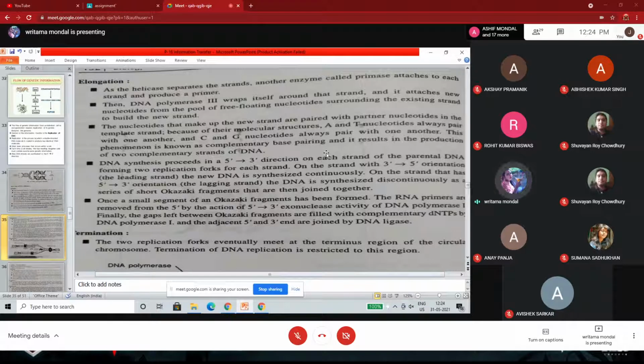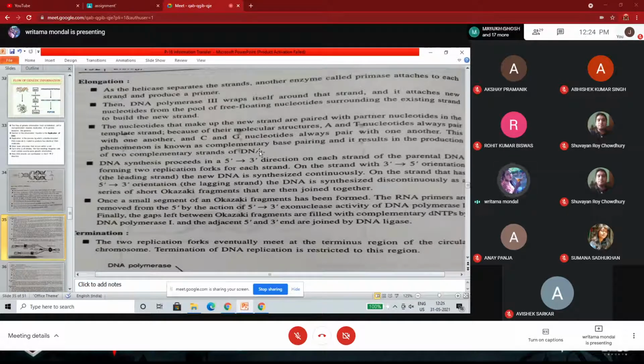Remember that: A always pairs with T, and C always pairs with G, and it regulates the production of two complementary strands of DNA. From one template strand, a newly synthesized daughter strand is produced. Template and new daughter strand are complementary to each other. So this is the leading strand.